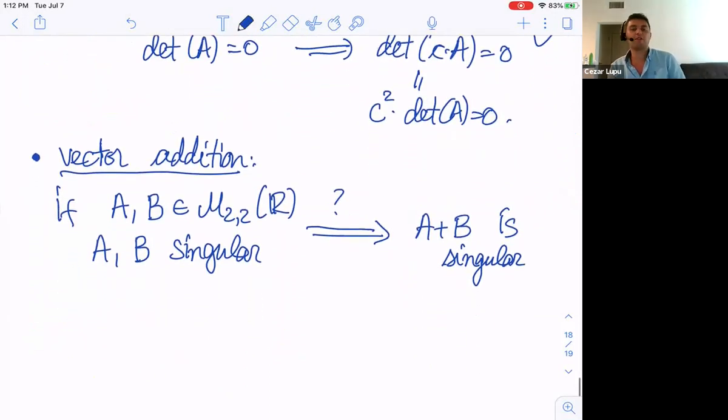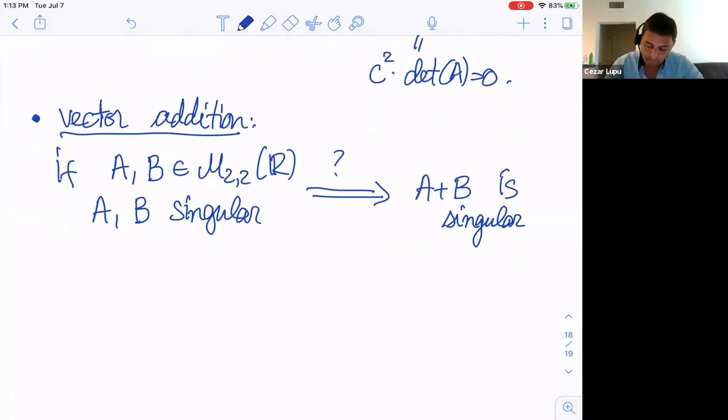And the answer is no. And I told you at this one review session, when you want to prove something, you write the proof. But if it's a question like, if these are singular, does this imply that this is singular? Well, if the answer is no, it's enough for you to provide an example. So the answer is no.